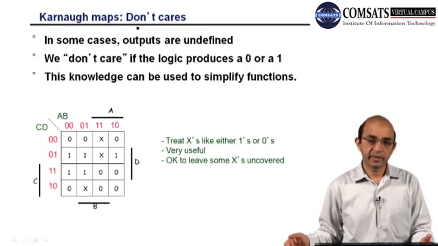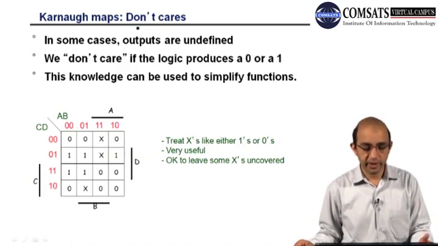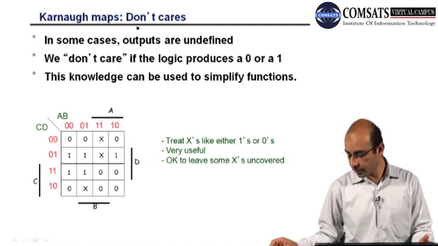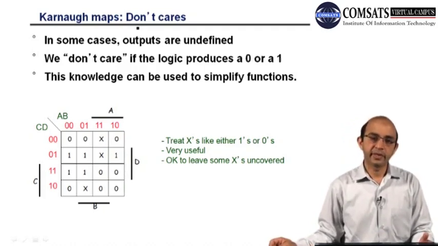As an example, if we have two interlocked switches, they cannot be closed simultaneously. If we replace the closing of a switch by 1, then at a time one switch can be turned on, the other has to remain off.